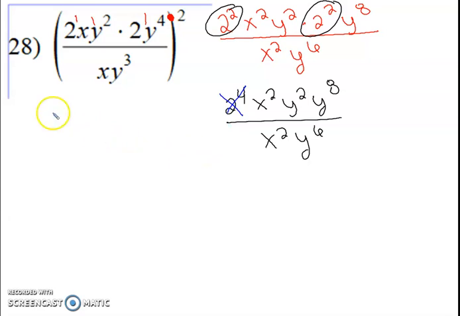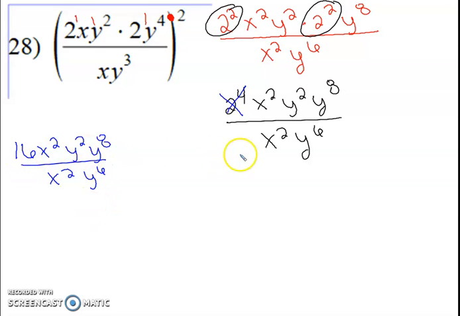It's been a long day. And then I have x squared, y to the 8th, over x squared, y to the 6th. Okay, so let's see what I can simplify now. X squared minus x squared is x to the 0, so those are gone. 16 y squared, y to the 8th, over y to the 6th.